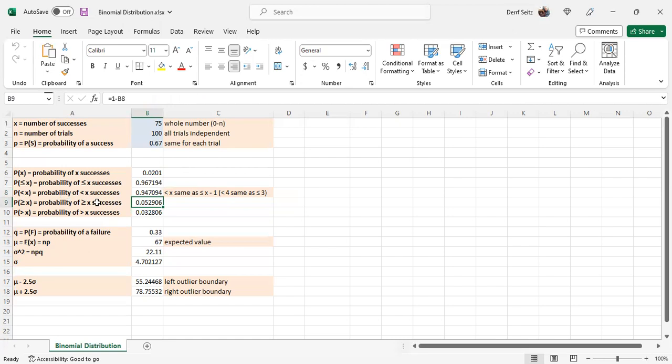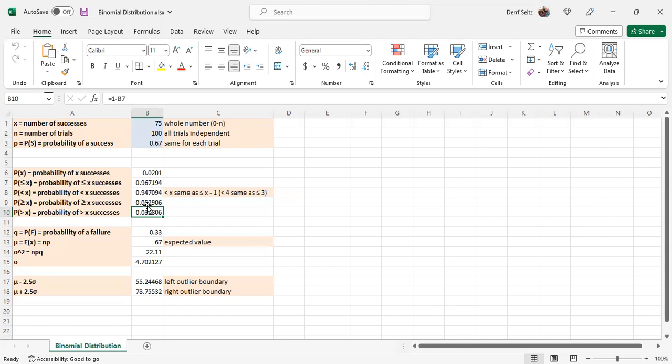The next is the probability of getting greater than or equal to x successes, and that's the complement of getting less than x successes. So it's 1 minus what's in cell B8. The next is the probability of strictly greater than x, which is the complement of less than or equal to x, B7.